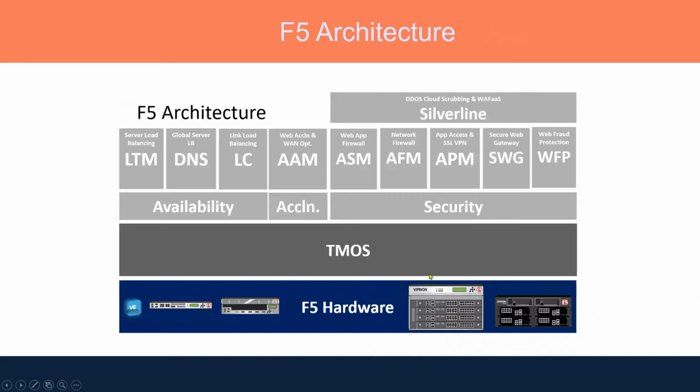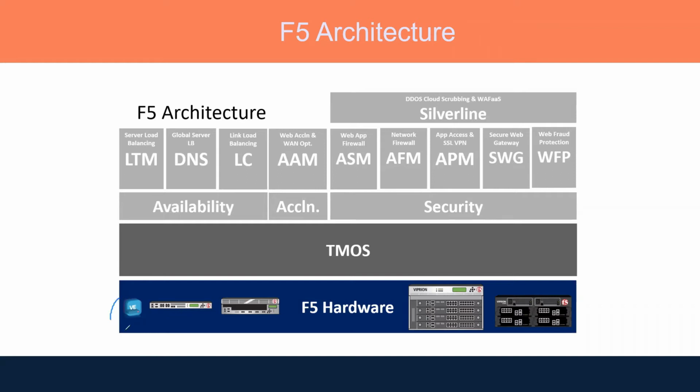Now moving to next, let's understand F5 architecture. What is F5 and what modules does it have? As I told you, F5 has hardware, and their hardware is known as BIG-IP.